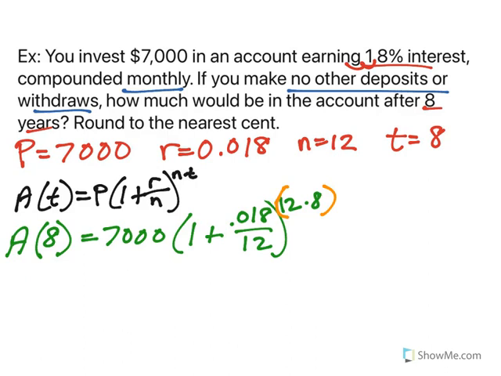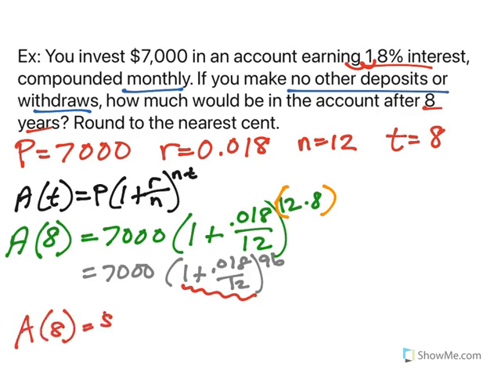If you're not a one-time-into-the-calculator kind of person, then you're going to want to do your exponents first. So 12 times 8 is 96. Then you're going to want to do inside your parentheses. That's your next step. Then raise it to the exponent, then multiply by 7,000. So the order of operations really matters.